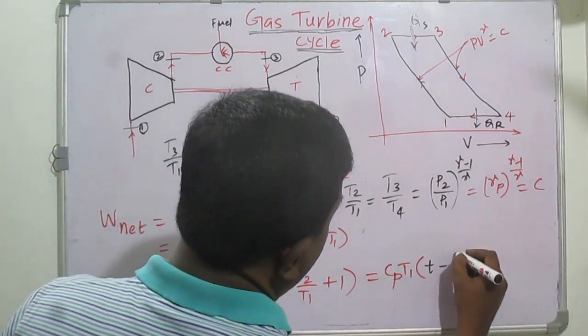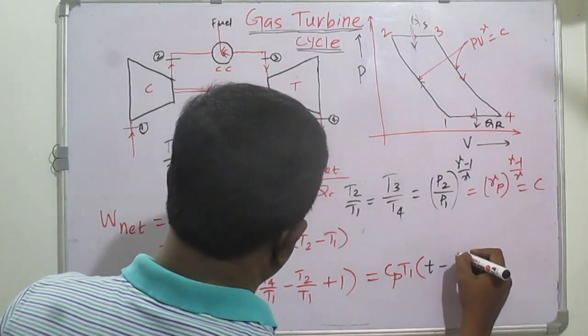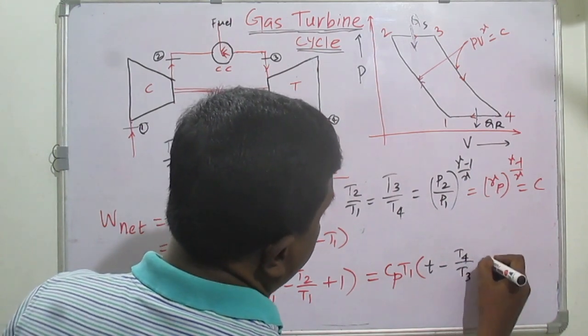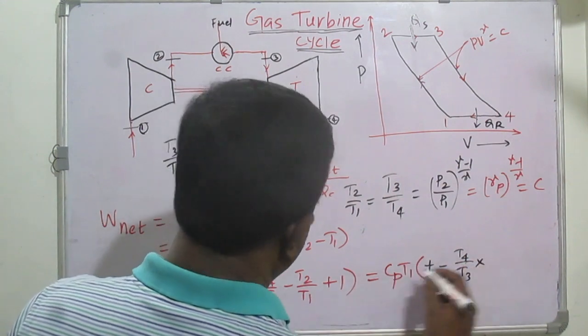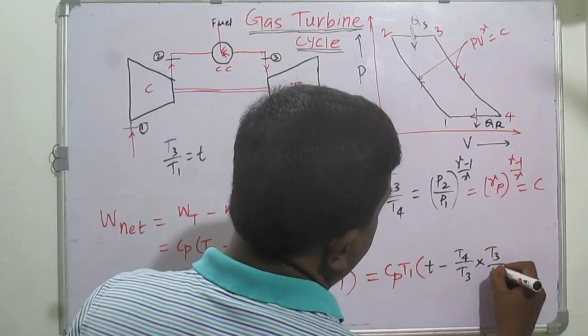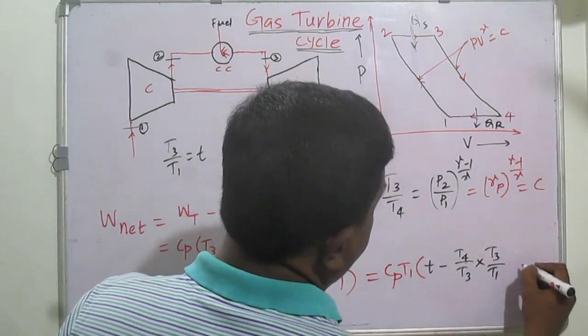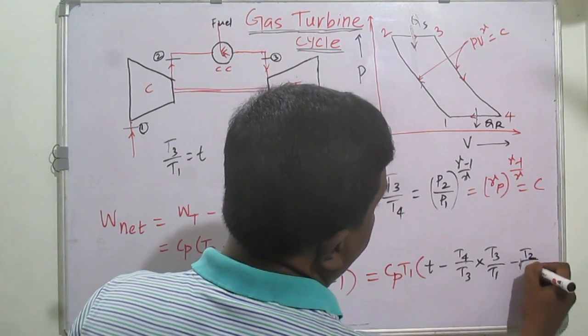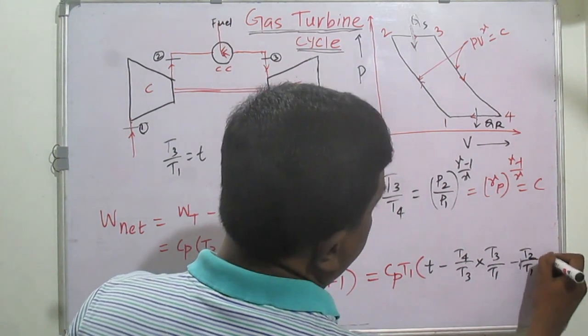We express this in terms of T4 by T3 into T3 by T1, minus T2 by T1, plus 1.